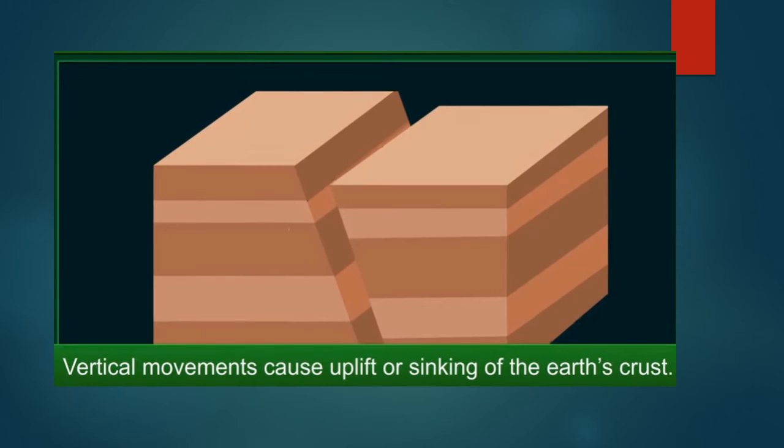Children, in the vertical movements inside the earth's surface, one portion of the lithosphere goes down while the other goes up. The earth's crust either gets uplifted or sinks. So one you can see is uplifted, the other one is sinking, due to the vertical movements of the lithospheric plates.